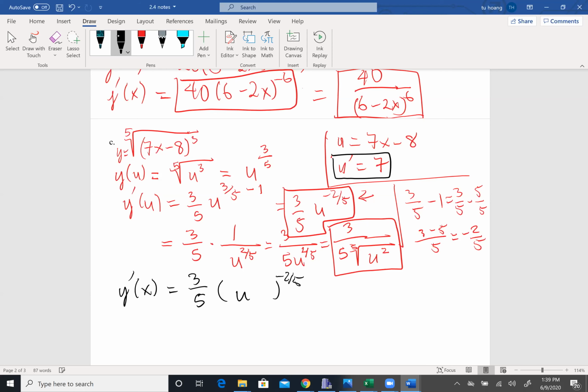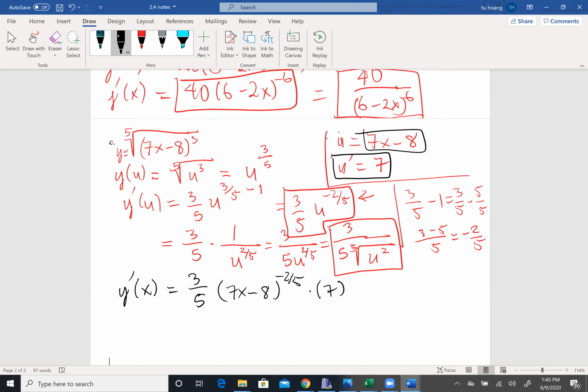But in here, u is equal to 7x minus 8. All right, I've got to change this. And I multiply with the inside derivative, which is u prime, and this is 7.